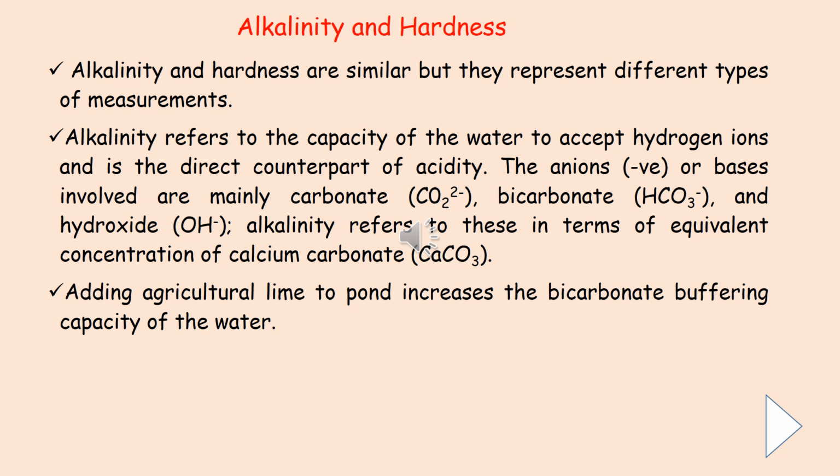The anions or bases involved are merely carbonate, bicarbonate, and hydroxide. Adding agricultural lime to ponds increases the bicarbonate buffering capacity of the water to resist fluctuation of pH in the water.